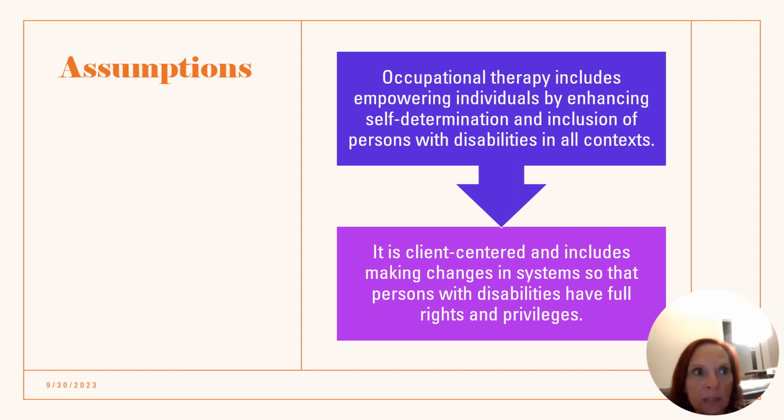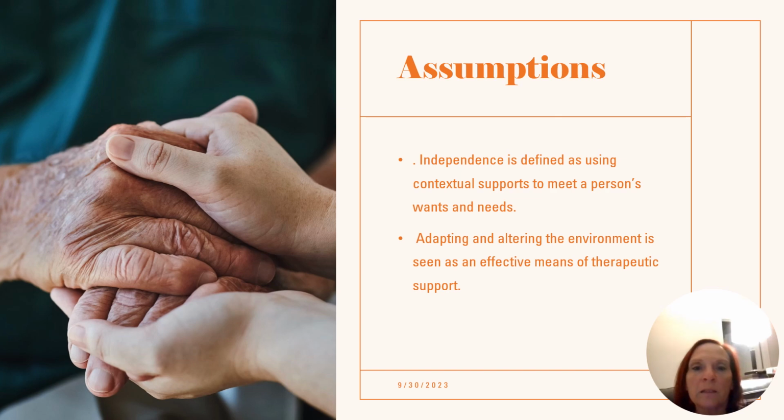So it believes that we set up the environment so that someone can be successful. That's what that's all about. Independence is defined as using contextual supports to meet a person's wants and needs, and adapting and altering the environment is seen as an effective means of therapeutic support.